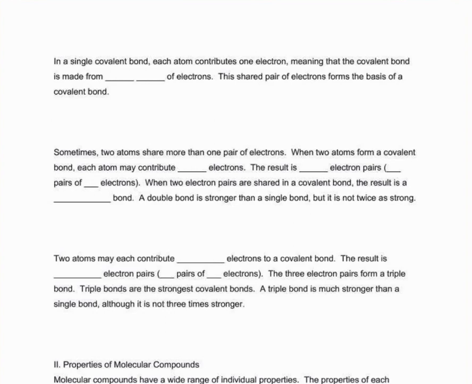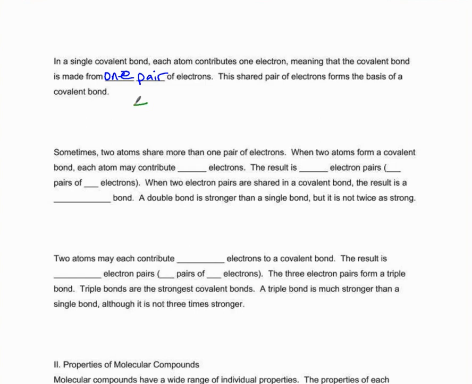So in a single covalent bond, each atom is contributing 1 electron, which means that the covalent bond is made from 1 pair of electrons. The shared pair of electrons forms the basis of the covalent bond.